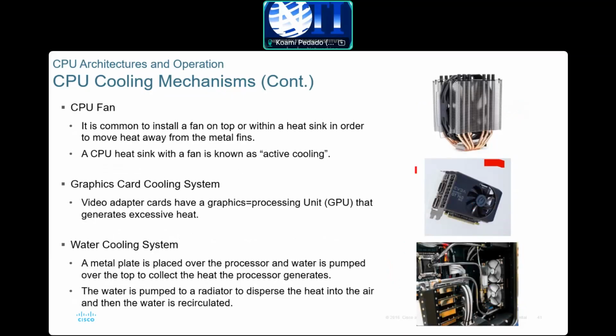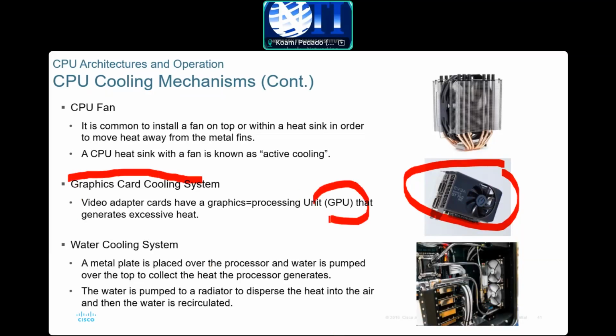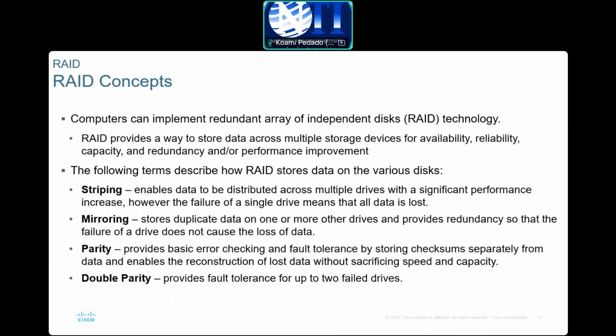If you look at the video card, it has a little fan that blows air. That means inside the video card there is also a little processor, but we don't call it a CPU, we call it a GPU, a graphical processing unit. People playing games want a good graphics card for that.